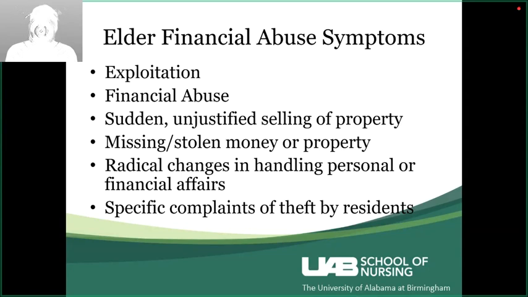So these are symptoms of financial abuse: sudden unjustified selling of property, missing or stolen property, radical changing and handling of personal finances, and complaint of theft. So the actual resident in a nursing home will say, my stuff is missing. And we need to pay attention to that, in particular in units where people have capacity but may have functional decline.